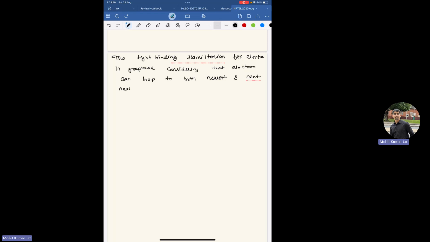If you don't want the next nearest, just put the t prime equal to 0, or just delete the next nearest neighbor term.